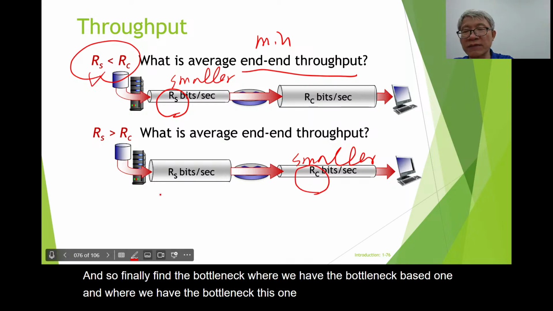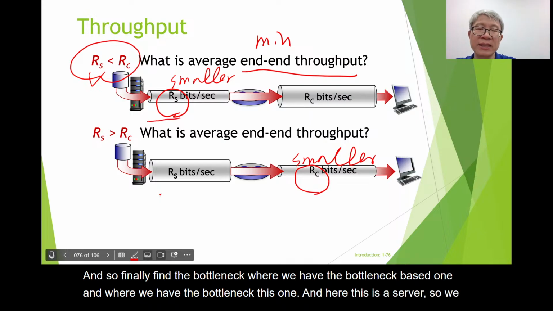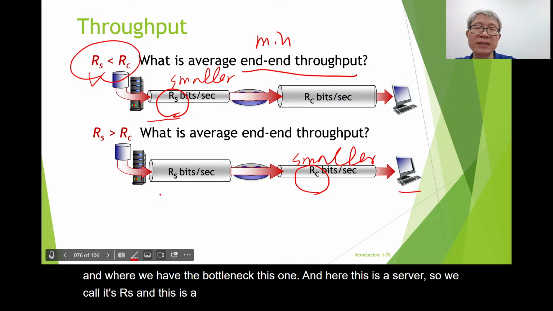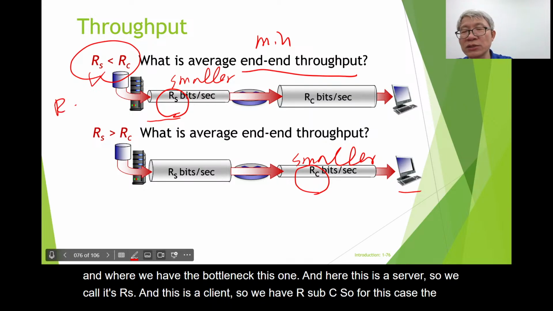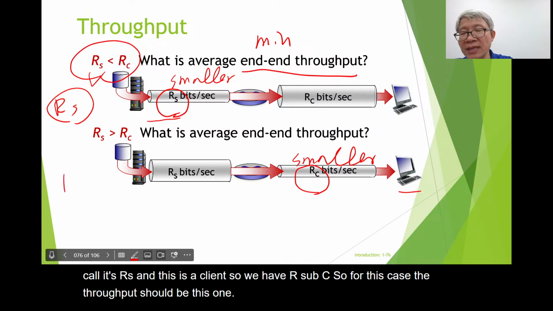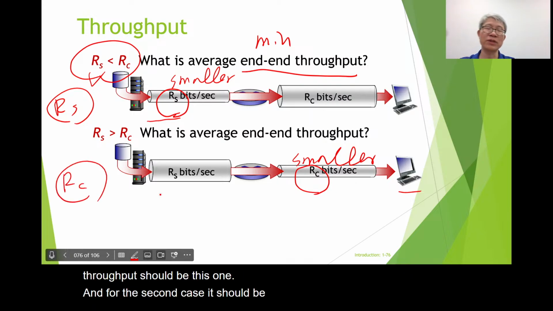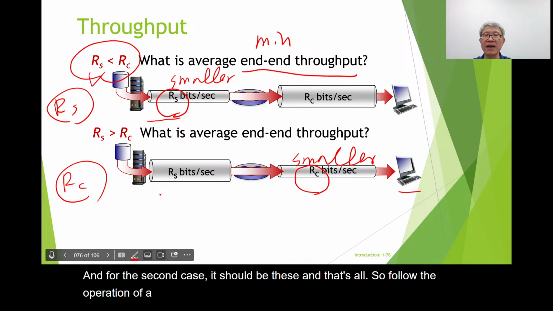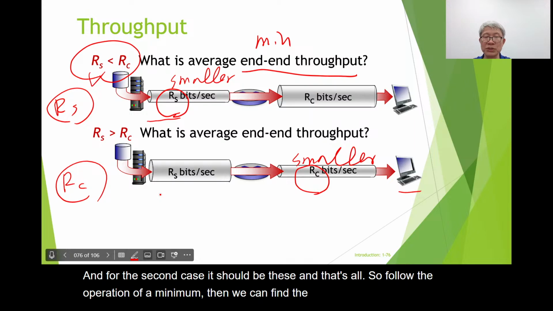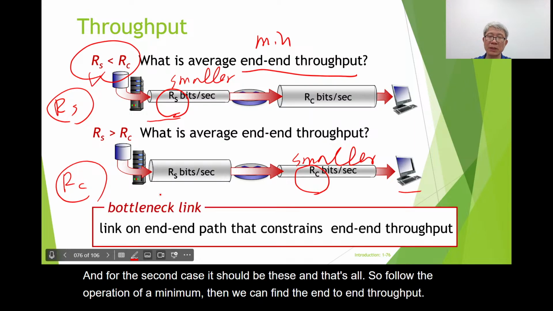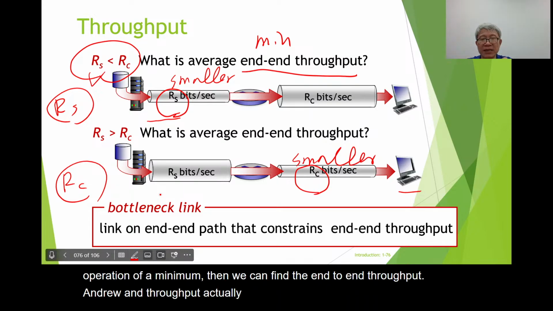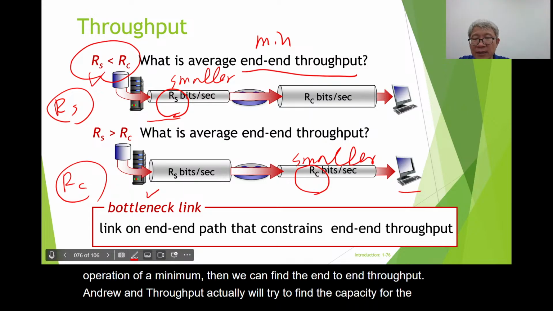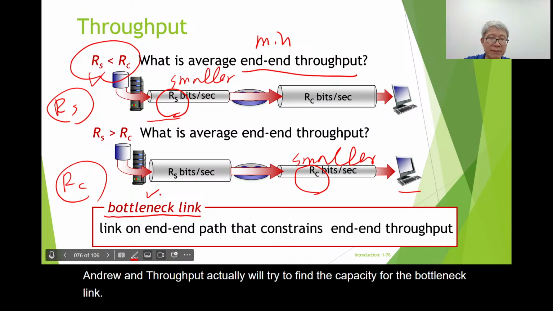Here this is a server, so we call it R sub S. And this is a client, so we have R sub C. So for this case, the throughput should be this one, and for the second case, it should be this. Following the operation of a minimum, we can find the end-to-end throughput. Actually, we try to find the capacity of the bottleneck link. That's it.